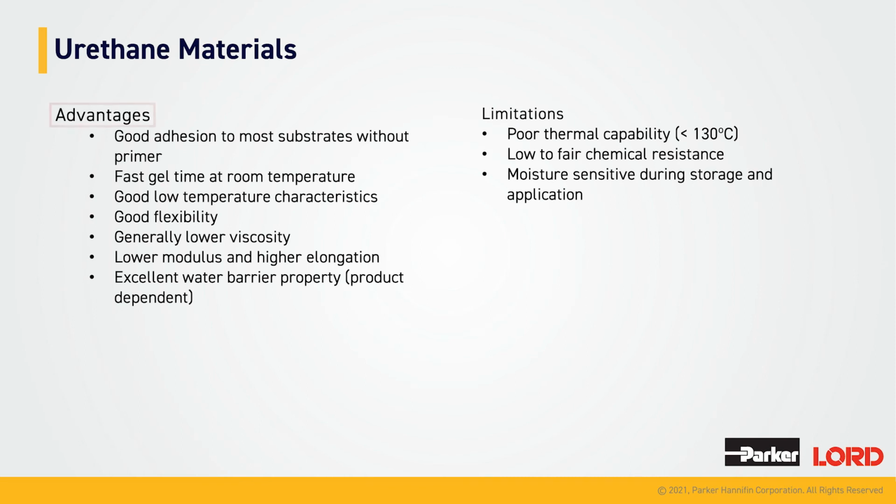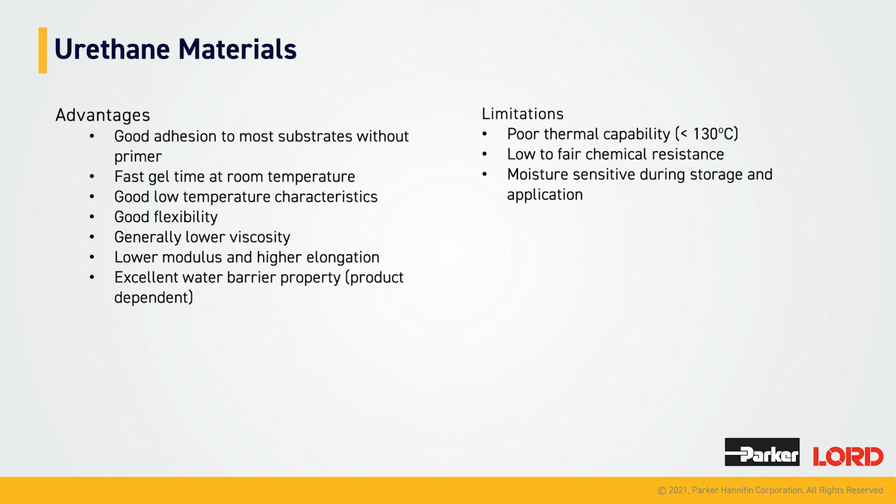Now I'll touch on a few of our main advantages for this chemistry. If you're looking to save some time for your application by skipping the step of applying a primer to your substrate, urethanes are still able to offer great adhesion even without this prep. They also have a fast gel time that occurs at room temperature, and they still maintain their properties even at low temps. They also have good flexibility and, as mentioned prior, low viscosity.